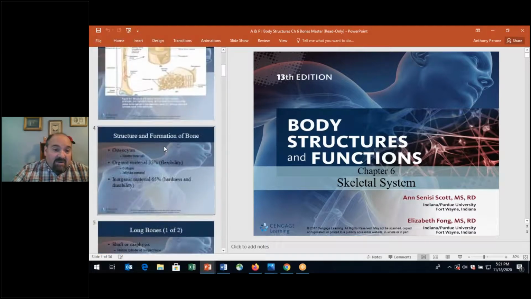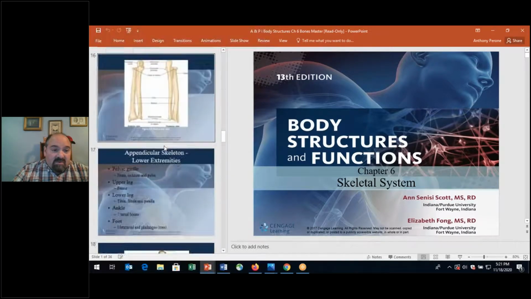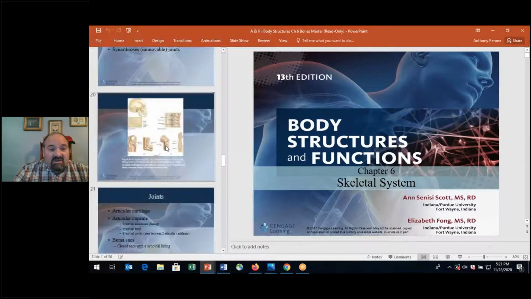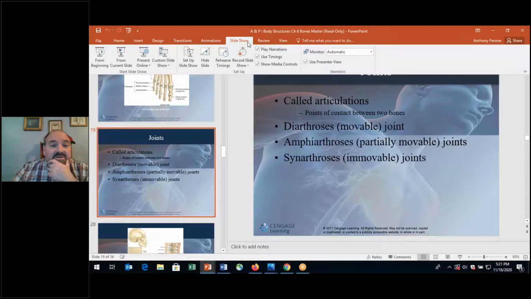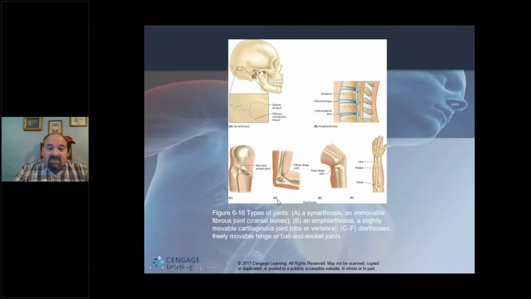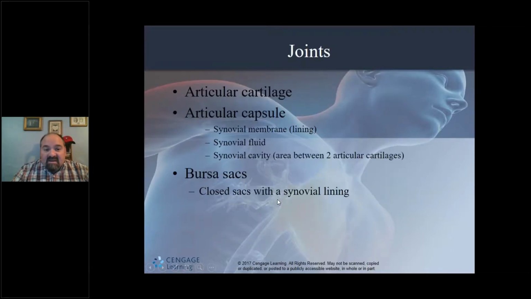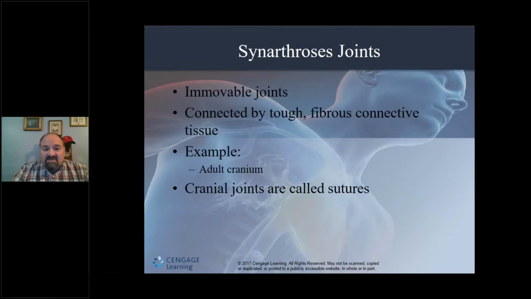You can scoot through this on your own, but you'll see here as far as the joints are concerned, this text will give you the information that I gave you in that note packet. You're just going to be able to look at and see images and additional information.